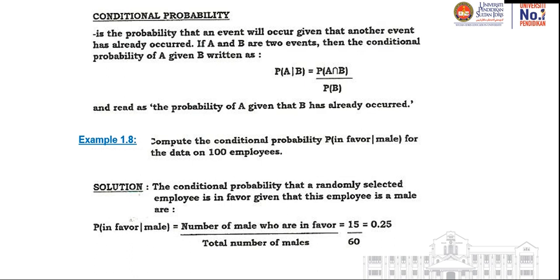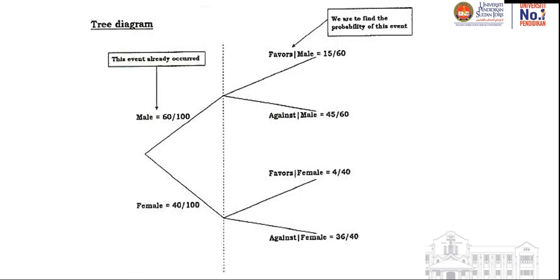That's the solution for example 1.8, referring to the data in example 1.7. This is the tree diagram, another way to represent conditional probability.